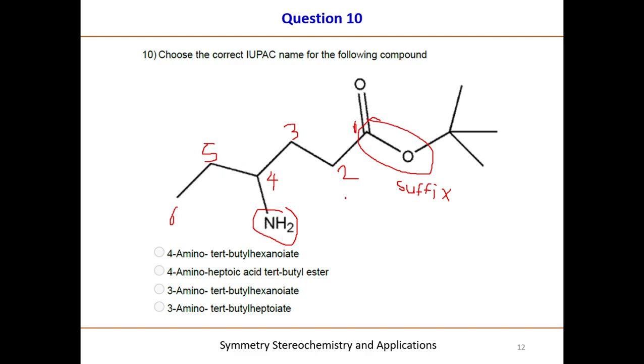Before writing the parent chain name, we have to write the prefix name. So the prefix is amine here, so we will write amino. At fourth position the amino group is present. So 4-amino.